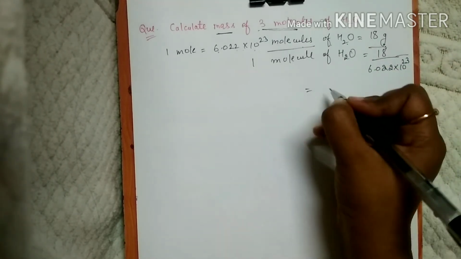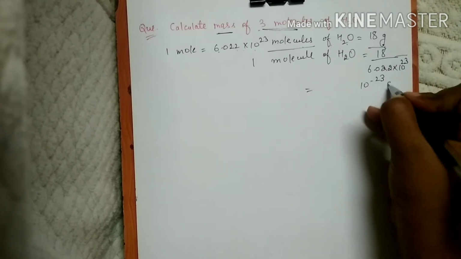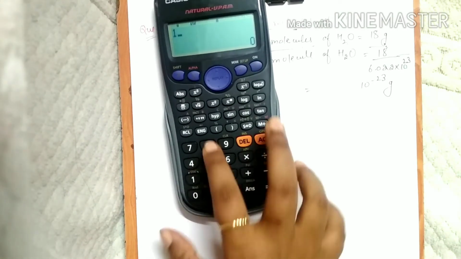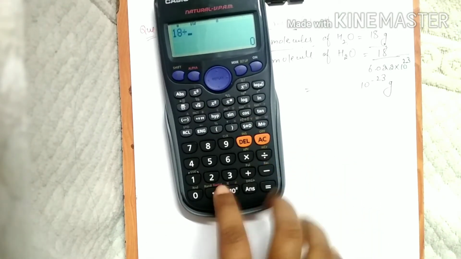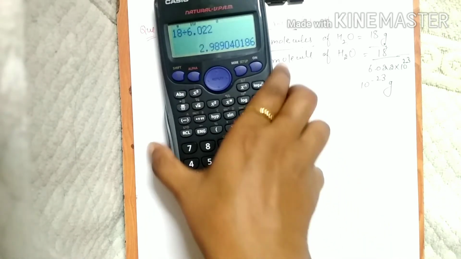So how much it comes? We can take 10 raised to power 23 above. Okay, and if we solve 18 divided by 6.022, we get 2.98.